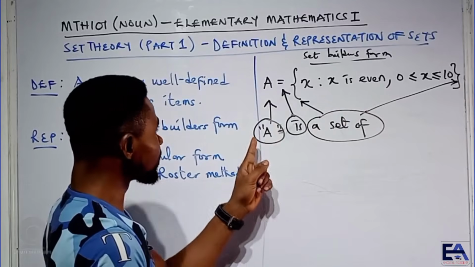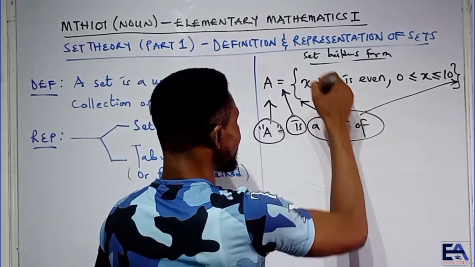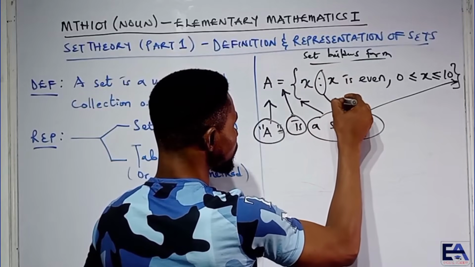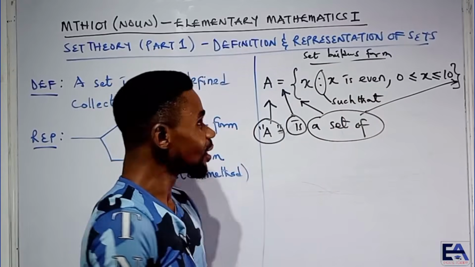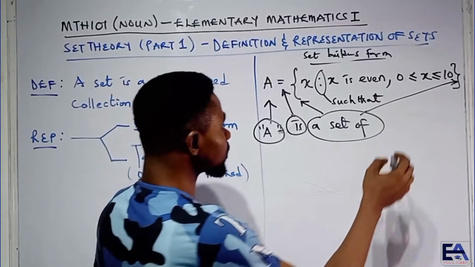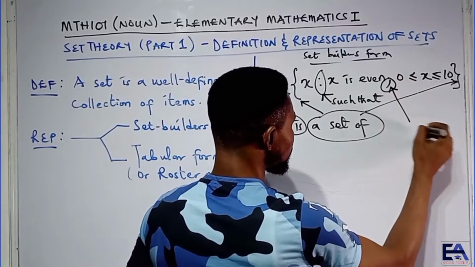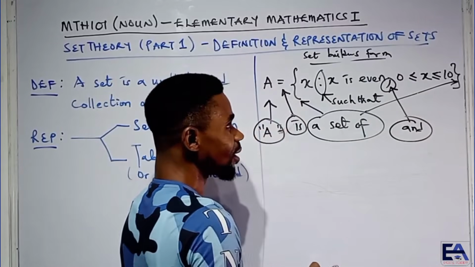It means A is a set of X. This symbol here means "such that". Then this comma here means "and".